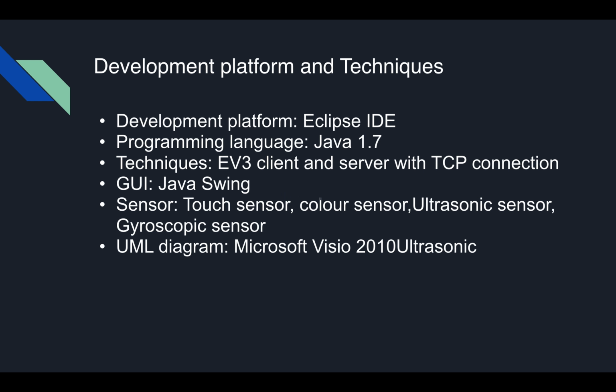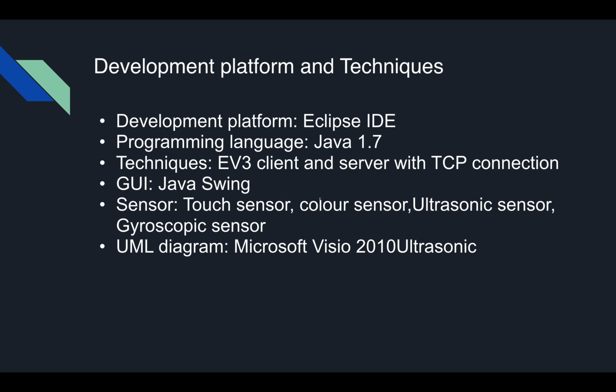And we also describe the development platform and the techniques we can use for the hardware and the software. The development platform is Eclipse IDE and the programming language is Java 1.7, as we described, since Java 8 is not supported. The techniques include the EV3 client-server with TCP connection.